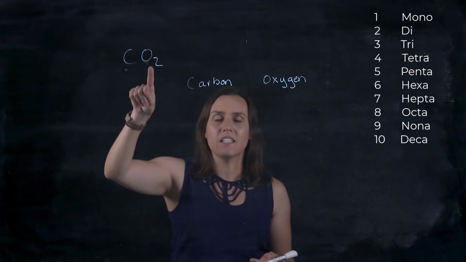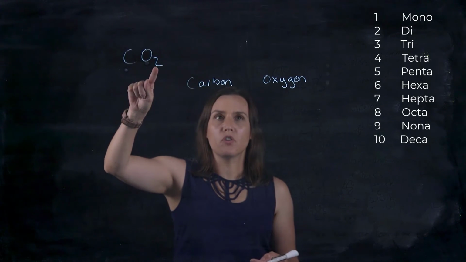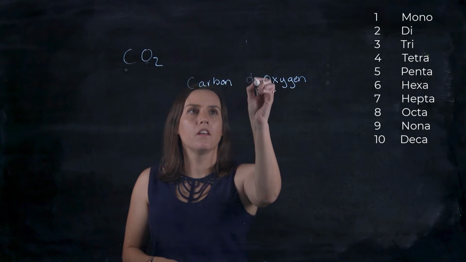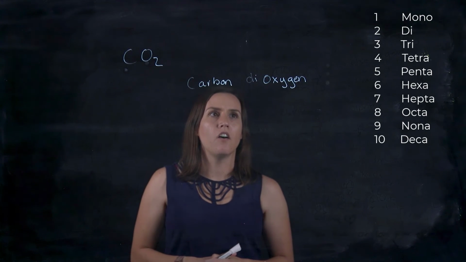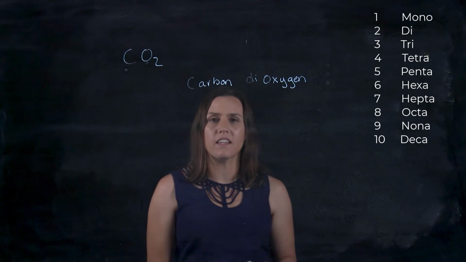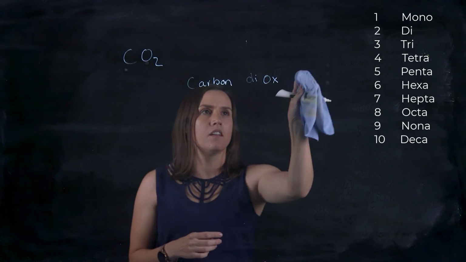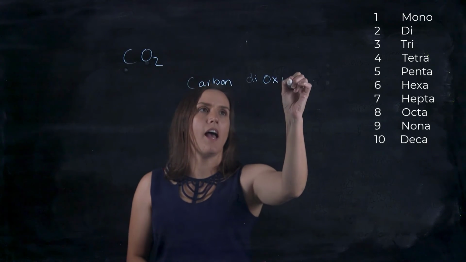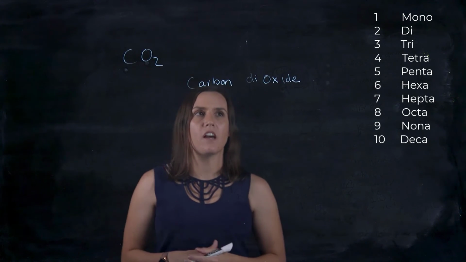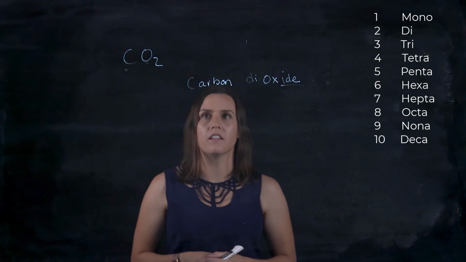But on the second element, you would need to say mono if there's only one. We've got 2, so it's carbon, di, oxygen. Now, I need to put "ide" at the end. So oxide. Carbon dioxide. So with all nomenclature, "ide" at the end.